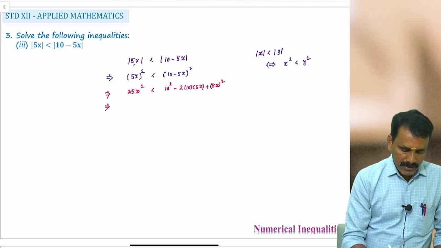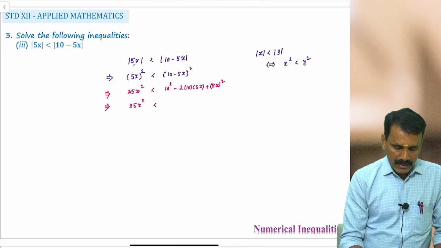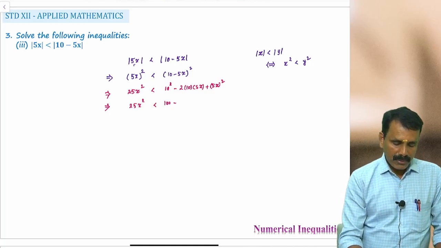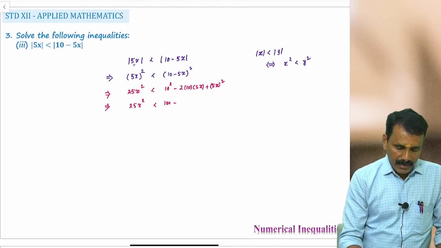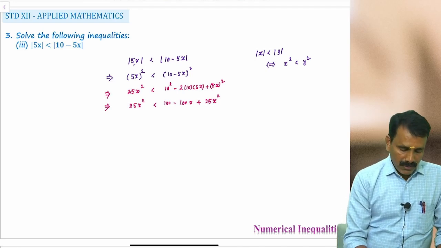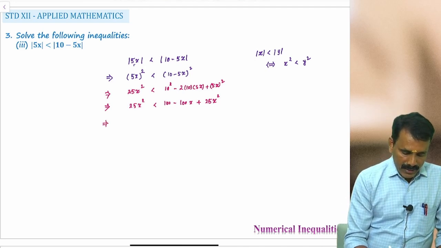Which implies 25x square strictly less than 100 minus 2 into 10, 20, 20 into 5, 100x, plus 25x square. We have 25x square on the left hand side as well as on the right hand side. So, we remove them by adding the additive inverse of them.